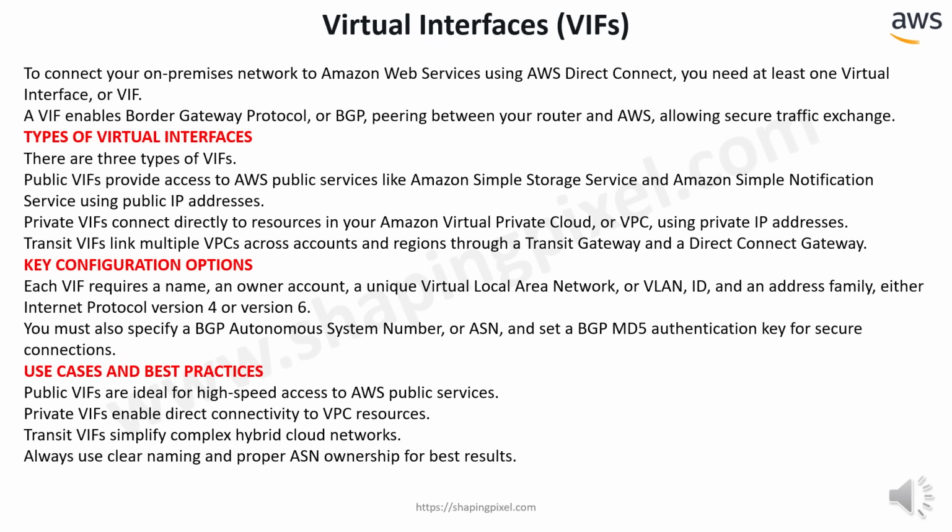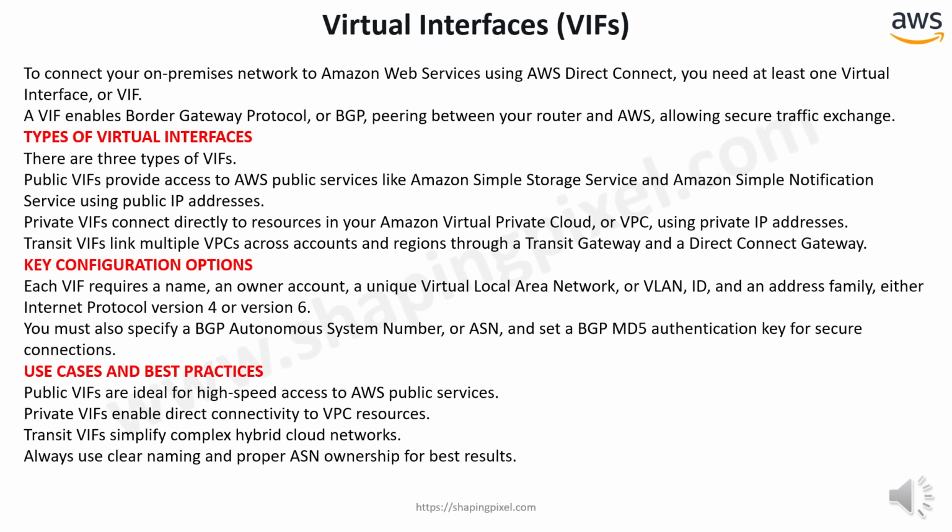To connect your on-premises network to Amazon Web Services using AWS Direct Connect, you need at least one virtual interface, or VIF. A VIF enables Border Gateway Protocol, or BGP, peering between your router and AWS, allowing secure traffic exchange. There are 3 types of VIFs.